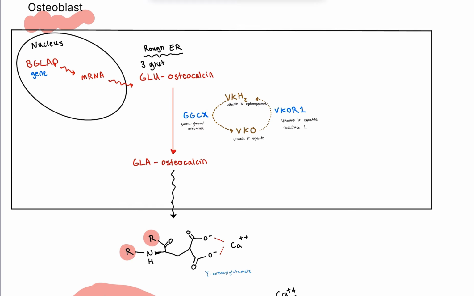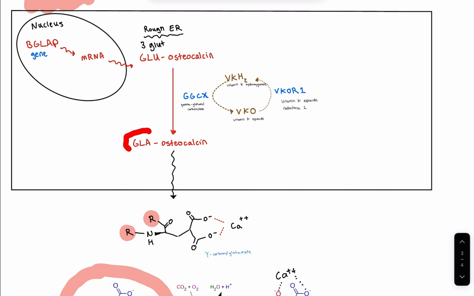And so I'm converting vitamin K in its hydroxyquinone form, or the reduced form, into an epoxide form. And in order to recycle that vitamin K from the epoxide form back into the reduced form, I need this enzyme to be present, called VKOR1, or vitamin K epoxide reductase 1.